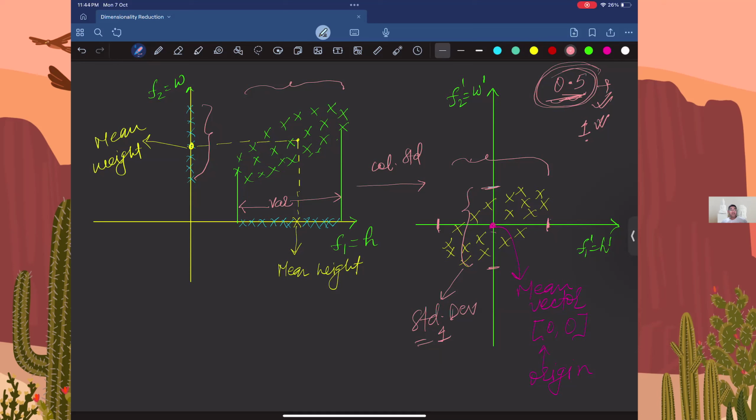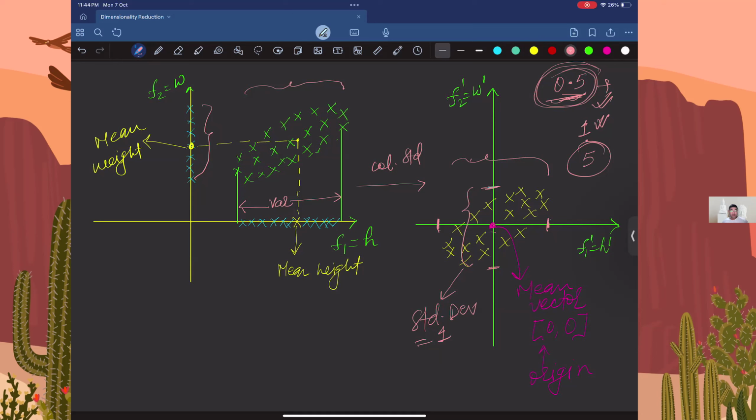And if my standard deviation is more than 1, let's suppose 5, in that case I need to squeeze, such that the standard deviation for any feature will be 1. Because the ultimate goal is to make the standard deviation 1. So if the standard deviation is less, I have to stretch. If it is more than 1, I have to squeeze. This is the essence of column standardization geometrically.